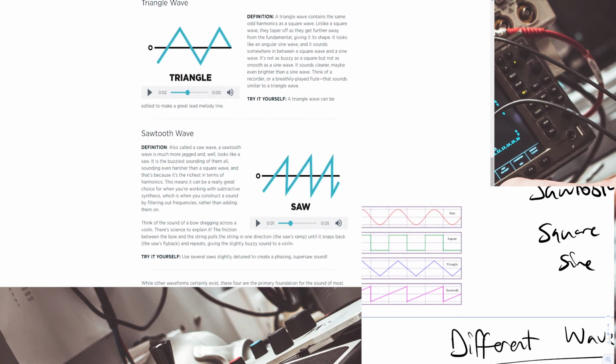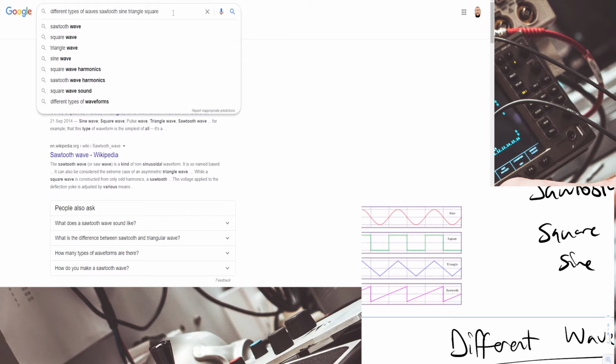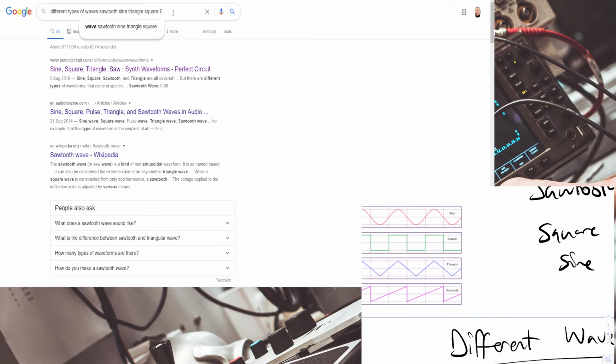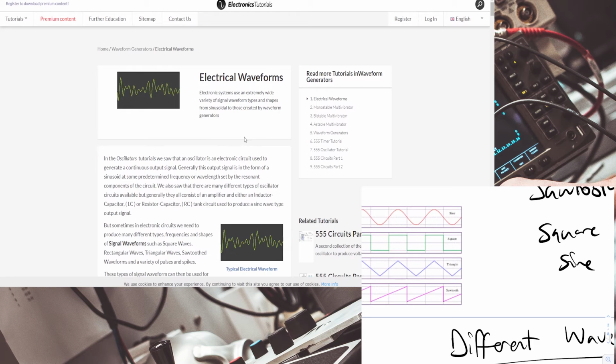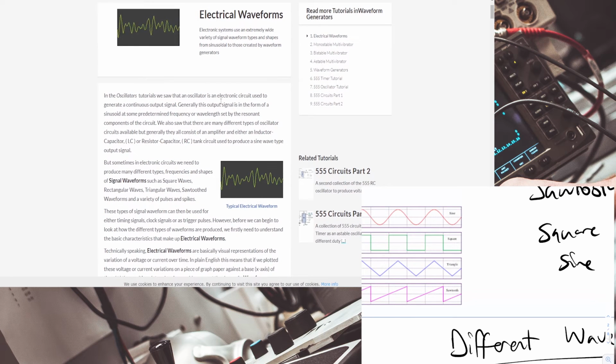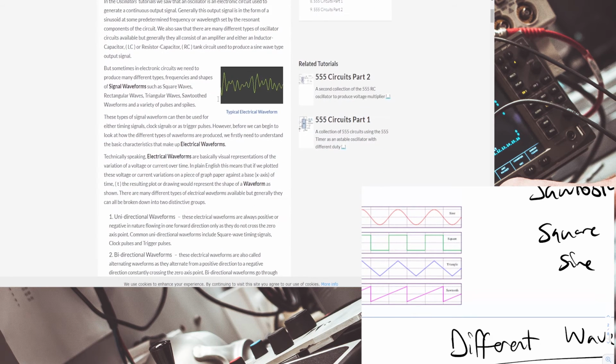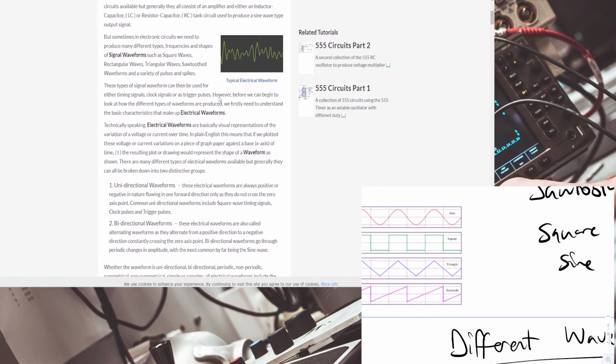I don't know what's going on there. Let's do it in terms of, so put in speech marks, voltage. There you go. Okay, so oscillate tutorials. Technically speaking, okay, so these types of signals waveform can be used.